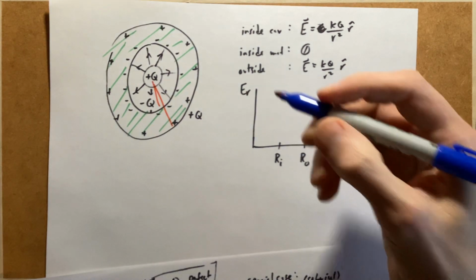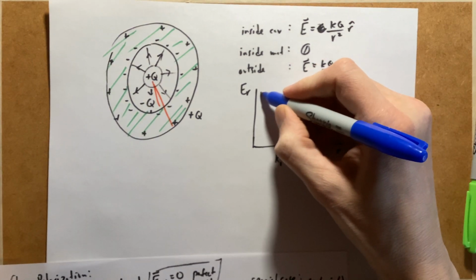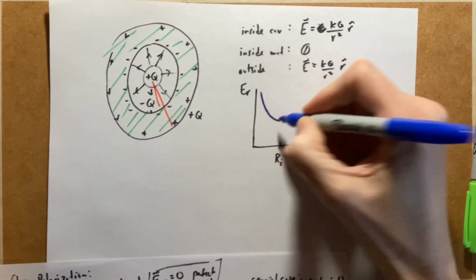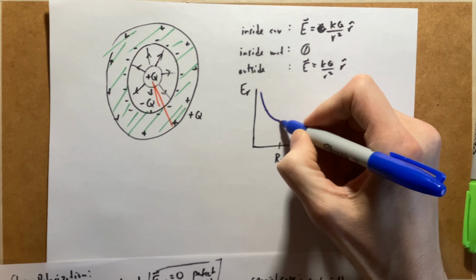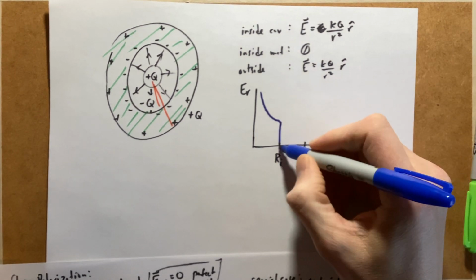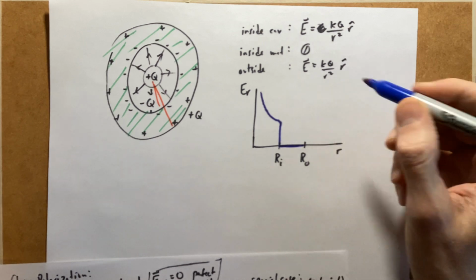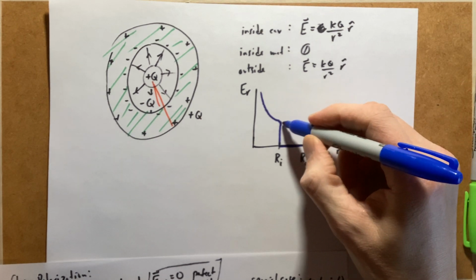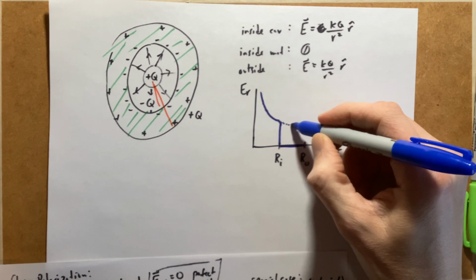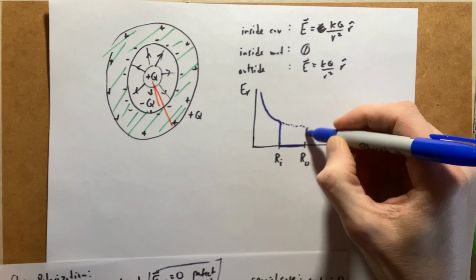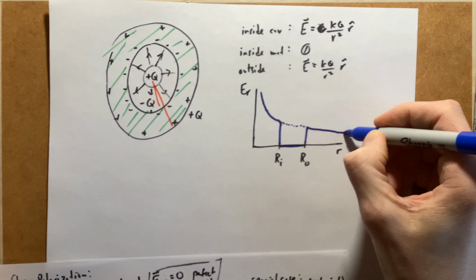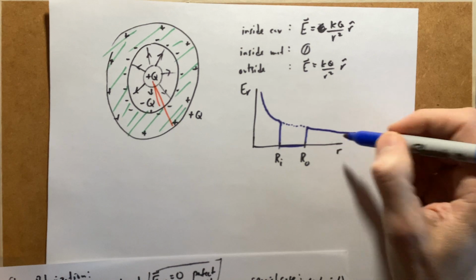So what does this look like? Well, inside, it's just that of a point charge, your good old KQ over R. Then it immediately jumps down to 0. We have that perfect shielding. And then outside is a point charge, so the question is, where exactly does it pick up? I'm going to draw myself a little guideline here. It picks up exactly where that left off.